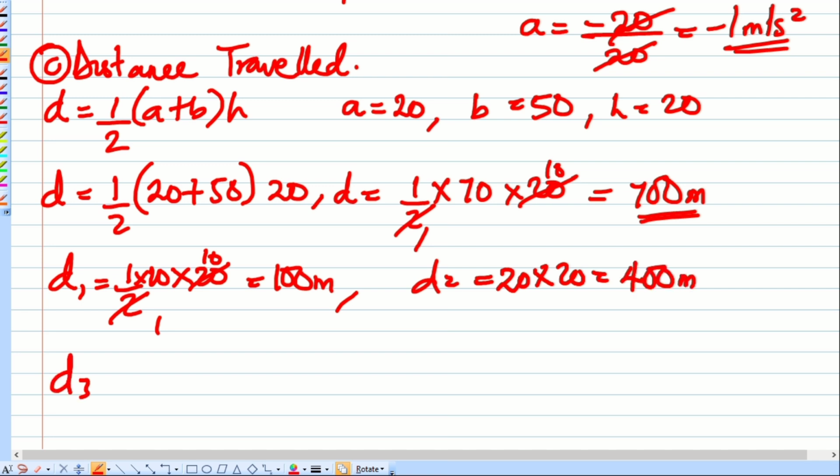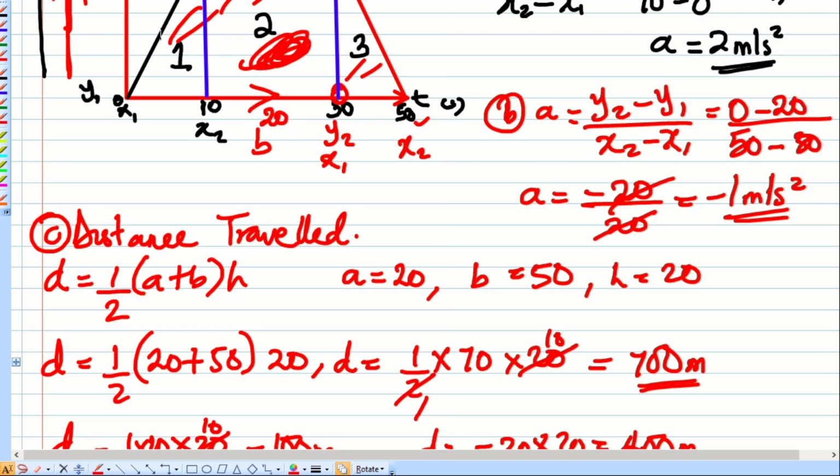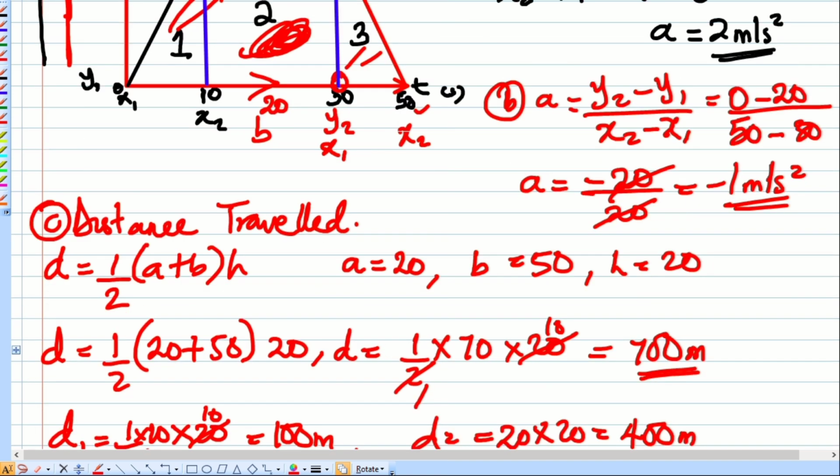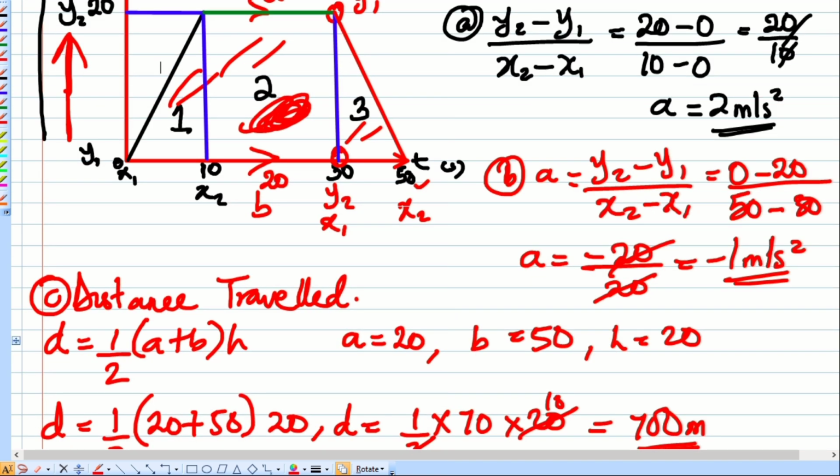And then finally, for the last phase, D3, the distance covering the last journey, you see we have this area, which is a triangle. So that would be half times base. The base is from 30 to 50, which is 20, and the height is 20.